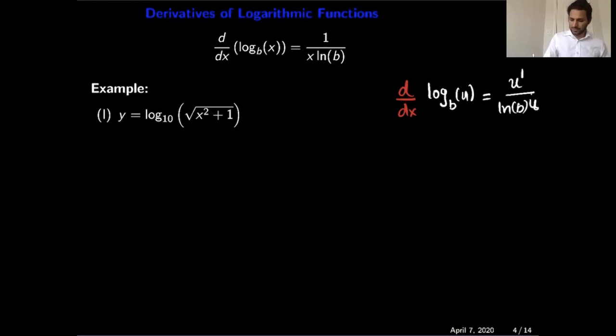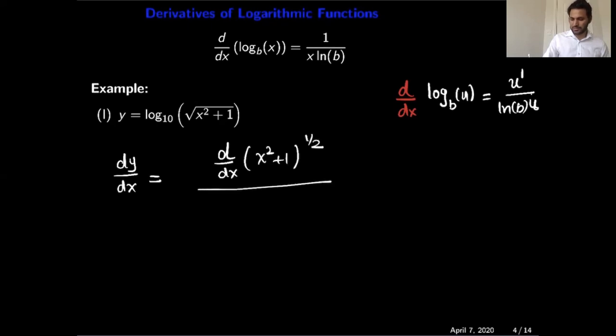So again, for this problem, dy/dx, the derivative will be the derivative of the inside function. We take the derivative of the inside function, which is x squared plus 1 to the power 1/2, and divide by natural log of 10, because the base is 10 here, and multiply by u, because the u function is this.